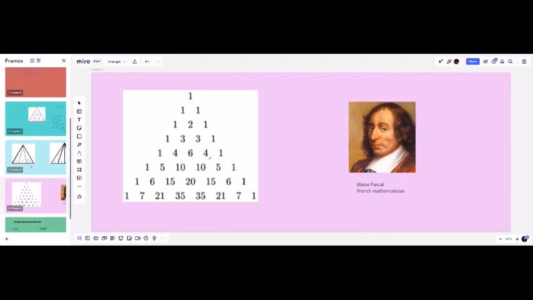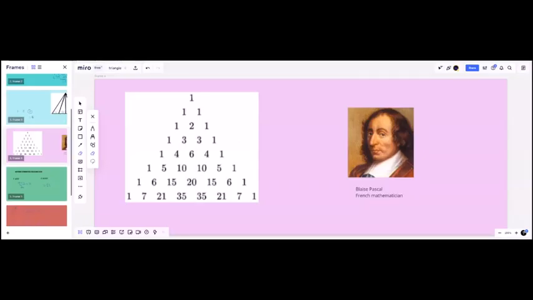This is called Pascal's triangle. I don't think you would have heard about this or seen this. It was named after the famous French mathematician Blaise Pascal. That's why it's got its name. It has a speciality which makes it different from the others.